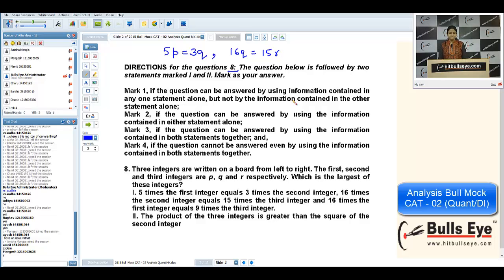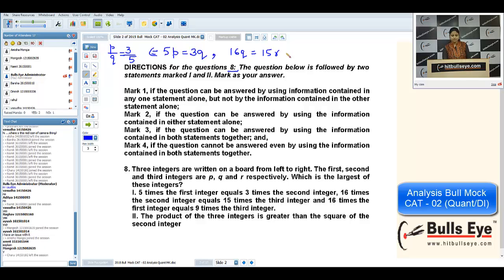I'm not taking the third condition first. I'm solving these two. If I take the very first thing, 5p is equal to 3q. Can I write p by q is nothing but 3 by 5? From here I can say q by r is equal to 15 by 16. Now I'm clubbing these two things.